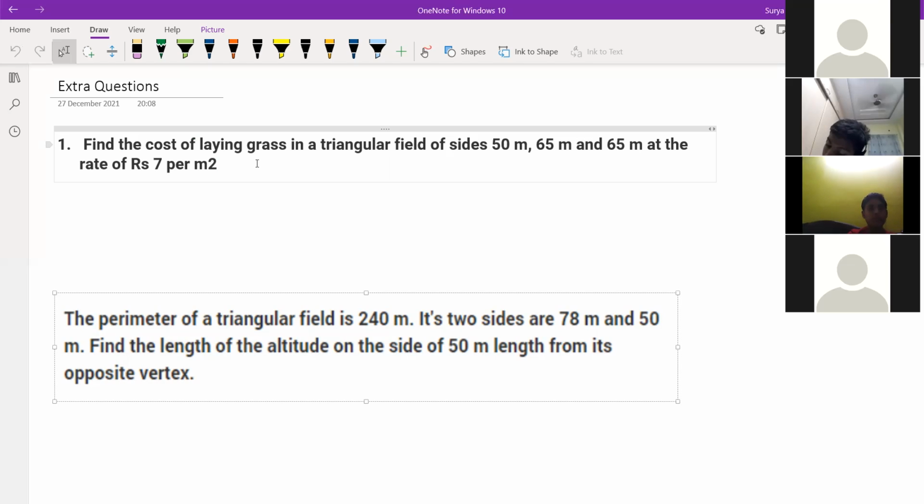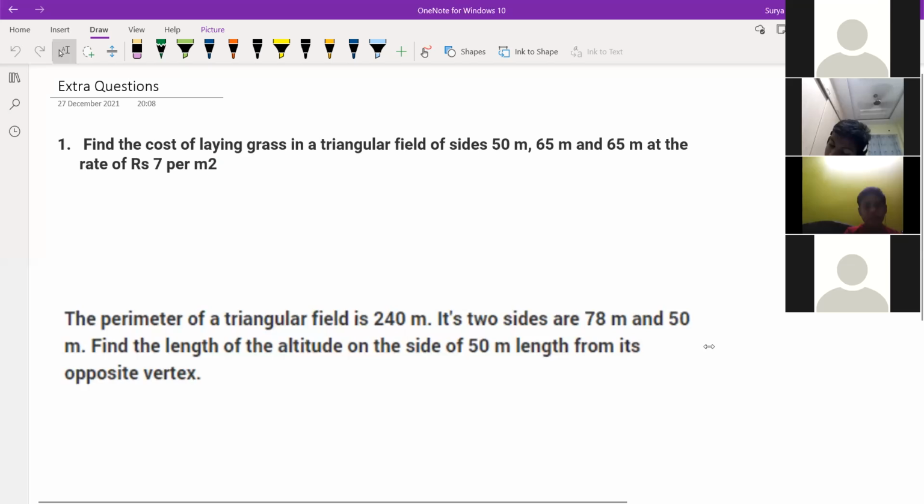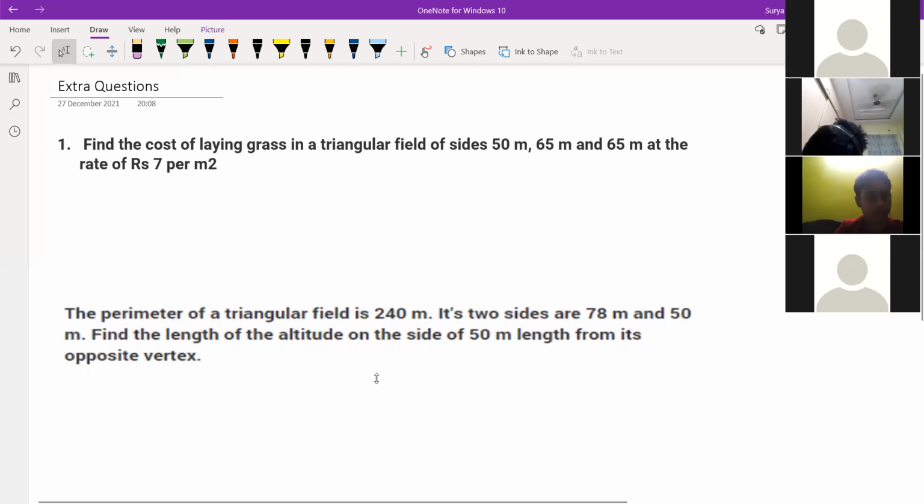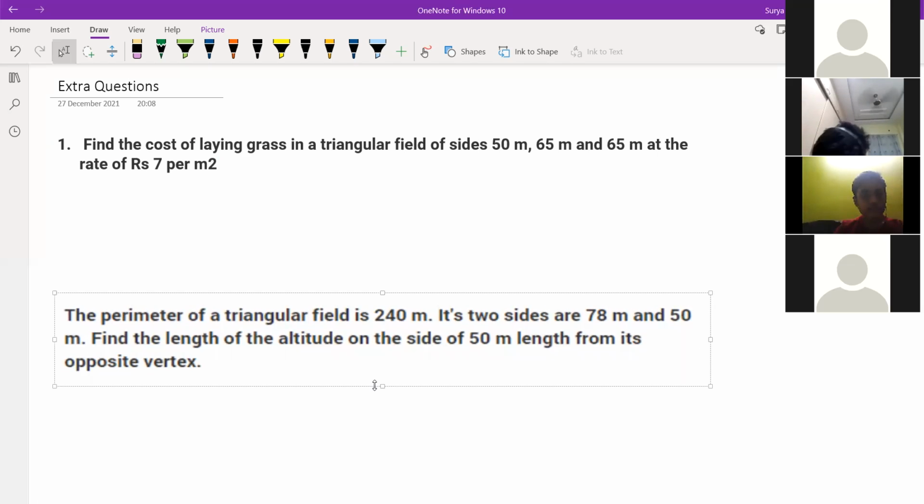Which question is this? Is it the perimeter of the triangular field, sir? Yeah, the perimeter of the triangular field is 240 meters. If two sides are given, find the length of the altitude of the side of 50 meters. This is a very easy question actually, if you know the concept, you can do it.